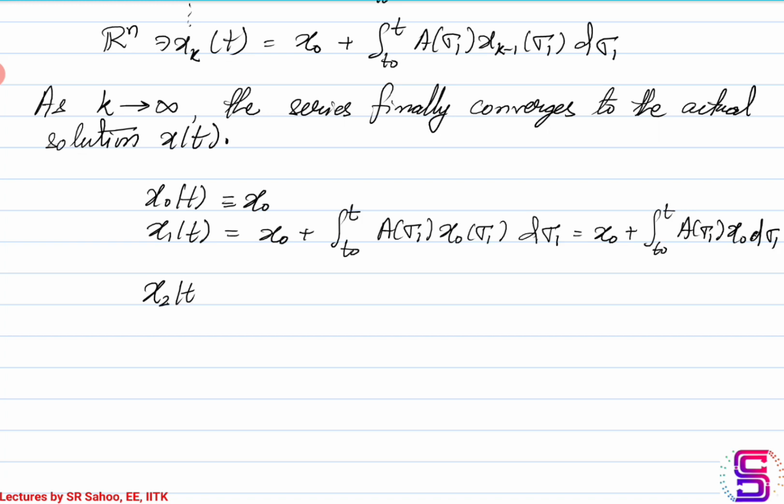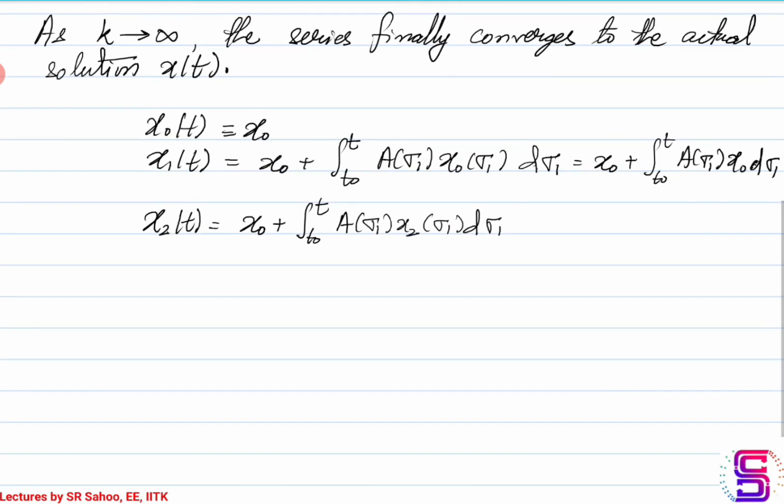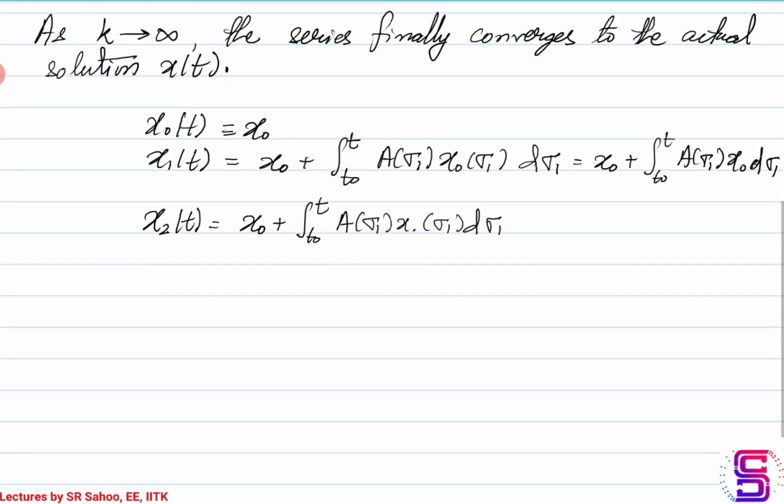Let's come to x2 of t. x2 of t is x0 plus the integral from T0 till t of A sigma 1 x1 sigma 1 d sigma 1. Sorry, not x2 of sigma 1, it's x1 sigma 1 d sigma 1.